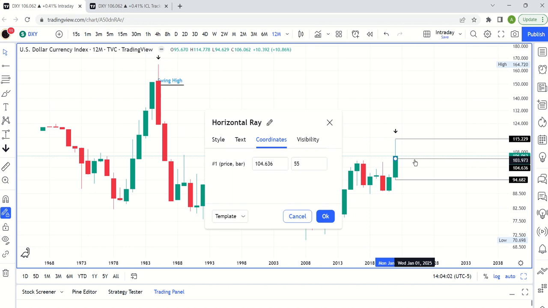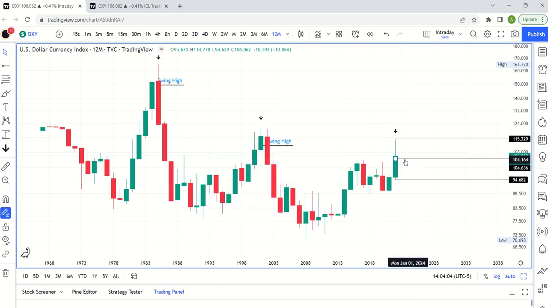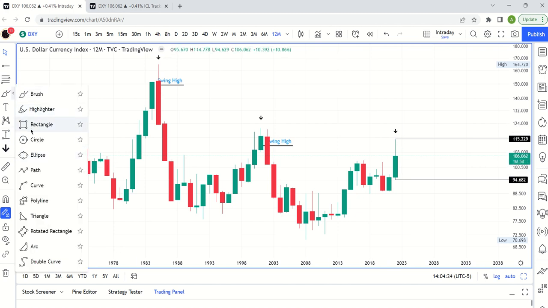Sorry, something crazy could happen in December and we can make a new high, which would be going above 114.778, or we can make a new low, which would be going below 94.629. I guess that would probably be more likely than making a new high, if anything. But we're probably going to stay inside this range that we're in.